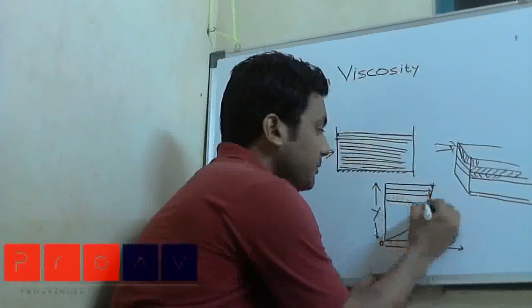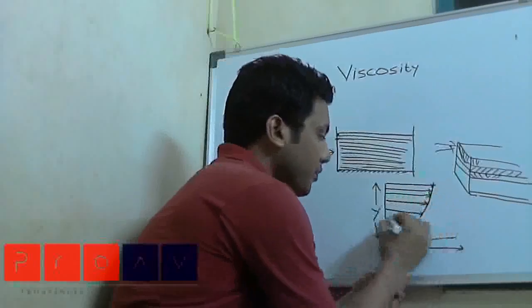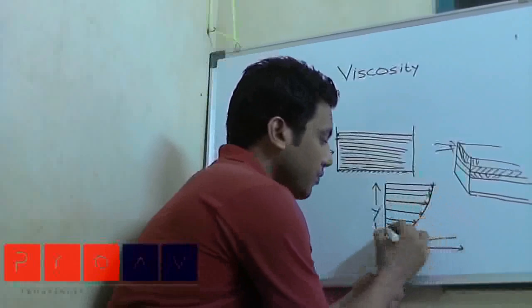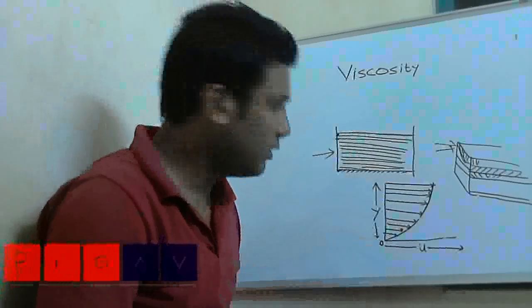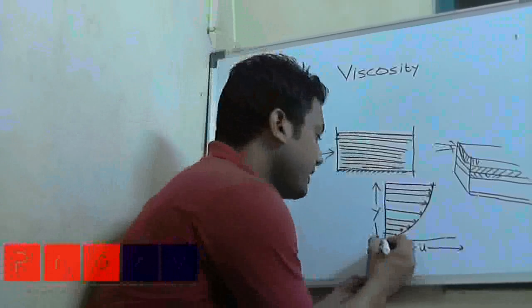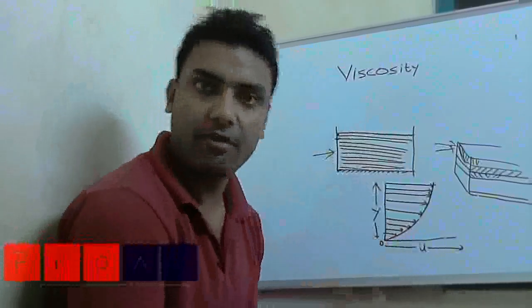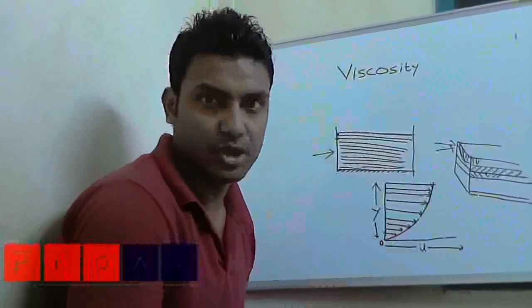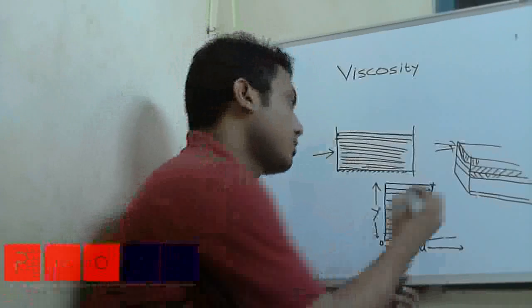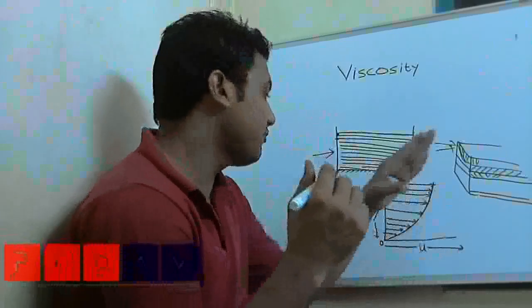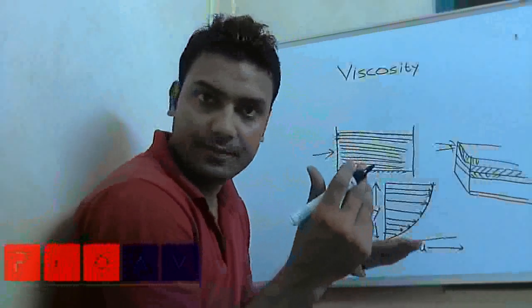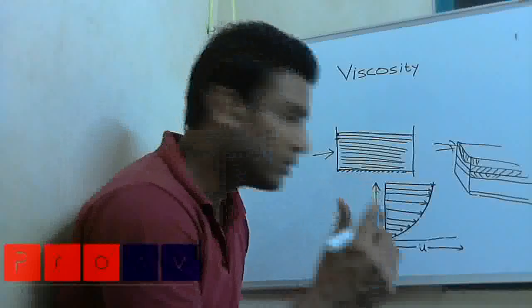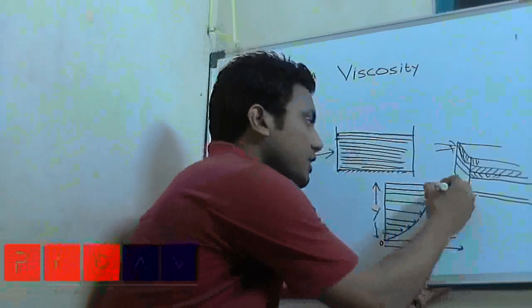As we move in the downward direction, velocity is decreasing. At the base, velocity will be 0 and shear force will be a maximum. So the velocity is continuously decreasing with depth, and there will be some velocity gradient.